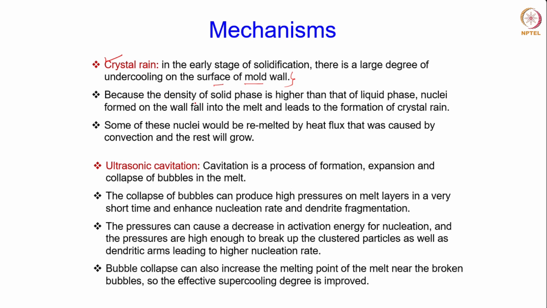Now we know that the density of the solid phase is higher than the density of the liquid phase, and therefore the solid nuclei which formed on the wall will fall into the melt and lead to what is known as the crystal rain.